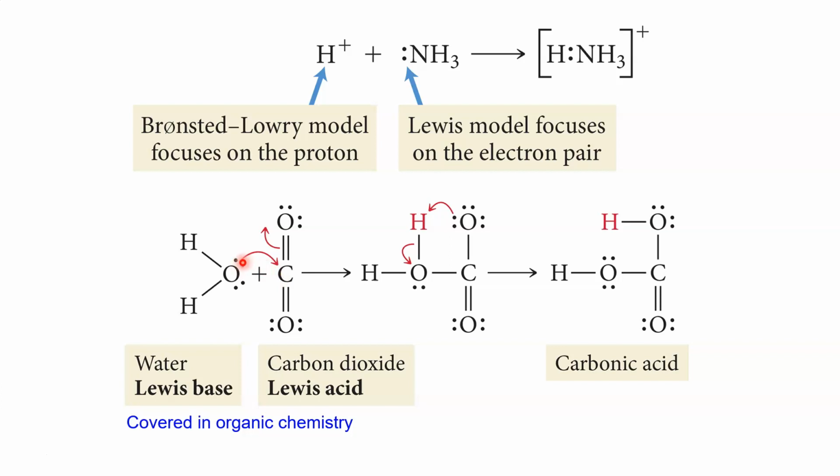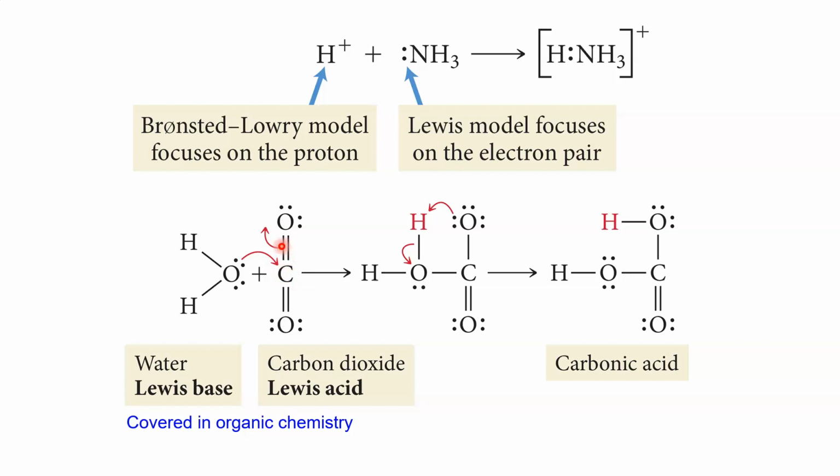So you have the electrons, and you always have the arrow going away from the electrons toward the more positively charged thing. And so we have the arrow going from the water, which in this case is acting as a Lewis base, going toward this carbon dioxide carbon, which is acting as a Lewis acid.